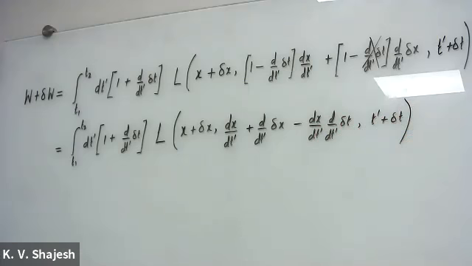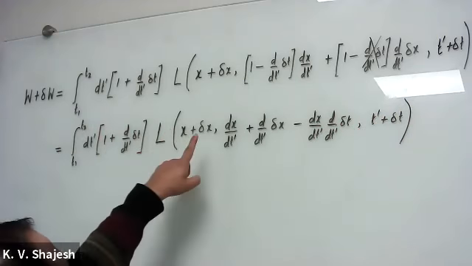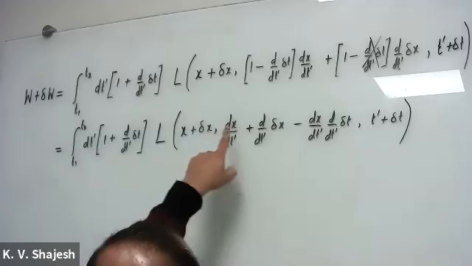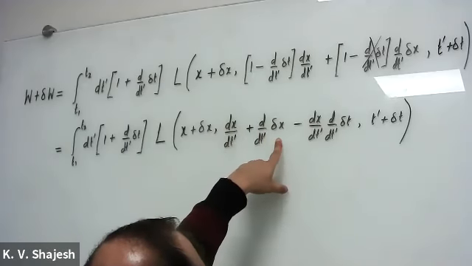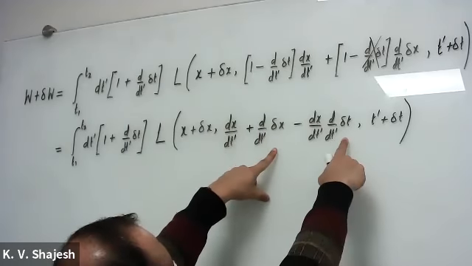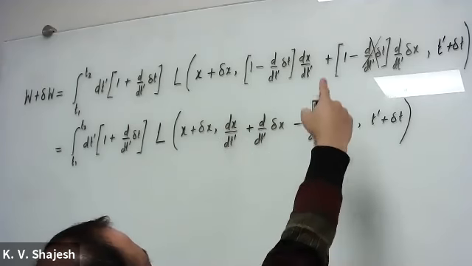Let's pause for a moment and see what are the new variations. If we had just made the variation in x, I would have got this term. That's it, right? I wouldn't have got this term because this is a variation in the time or the boundary.